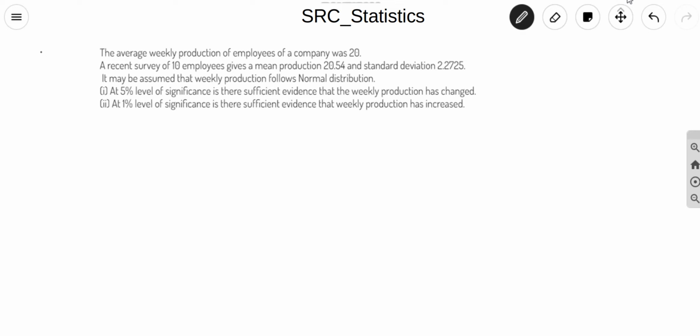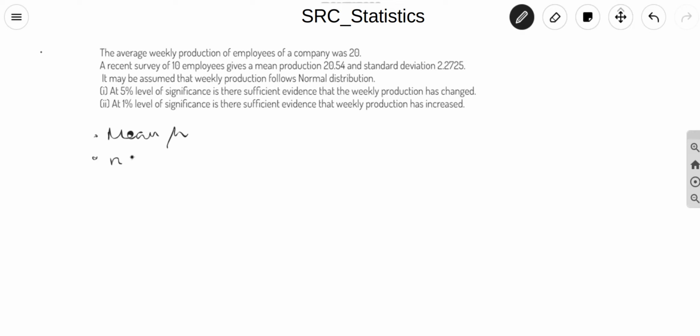First we shall understand why we are doing t-test. This is a hypothesis testing for mean, the population mean mu, because we want to see whether the mean weekly production of each employee has increased or changed.